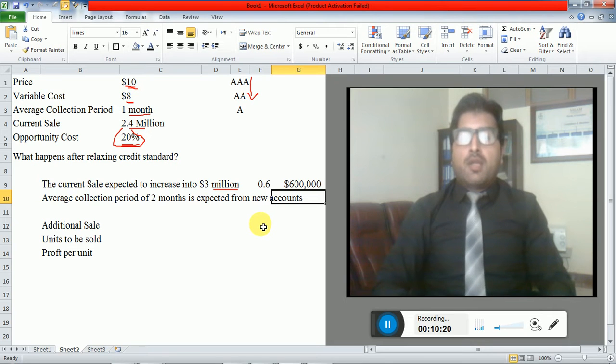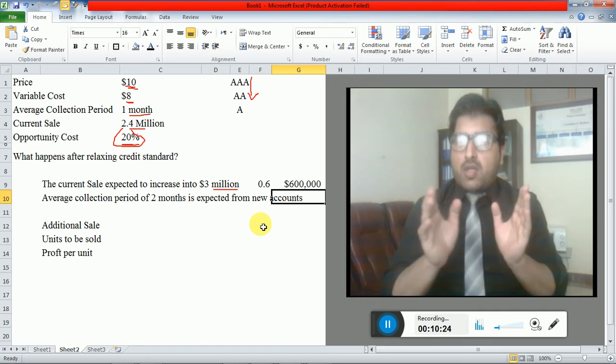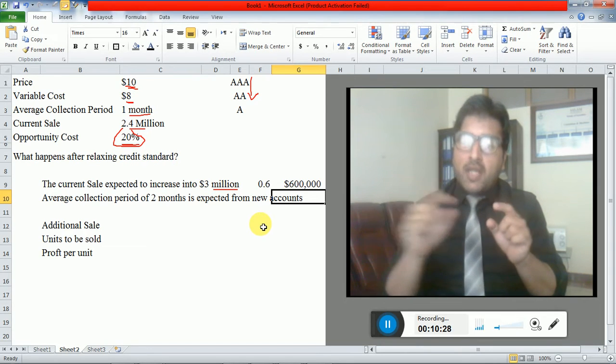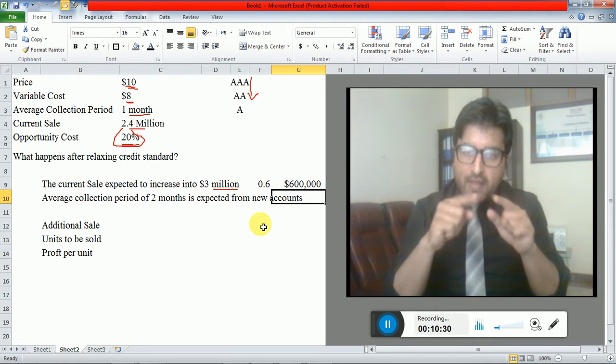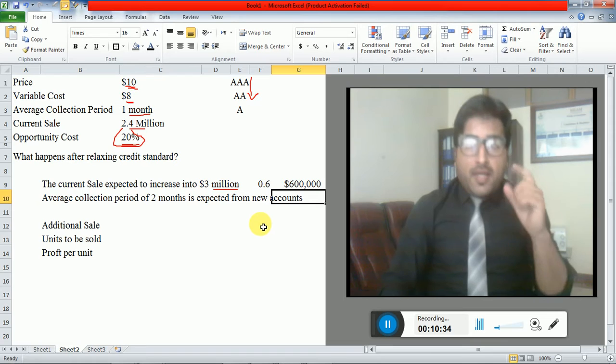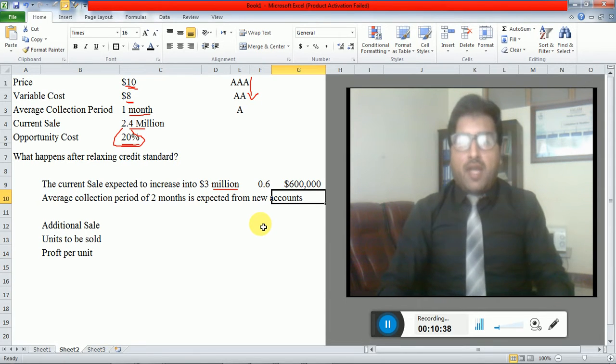Clear? It means from 2.4 million, which is $2,400,000, when it is increased to 3 million, the increase in the sale is $600,000. This is if the company is lowering the credit standard, right? Okay.